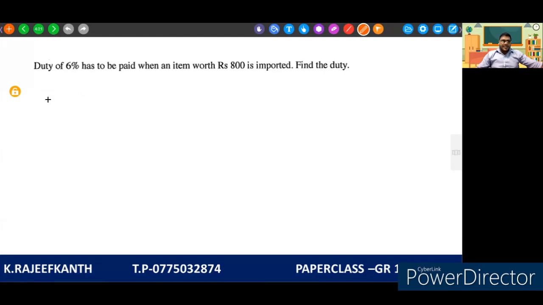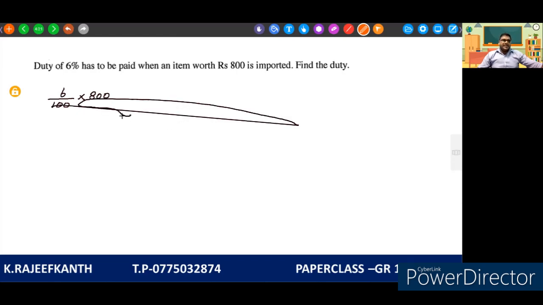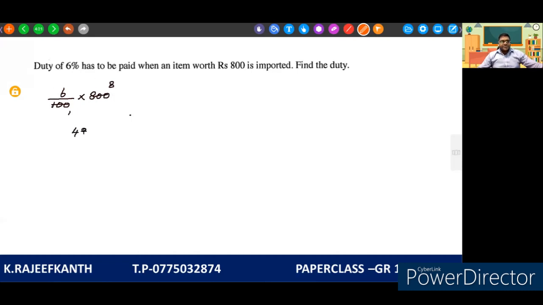Now we have to find the duty for 800. Here we can divide by 100, then 1 here 8 times. Then 8 times 6, 48. So you have to write the unit also. So rupees 48 is the answer.